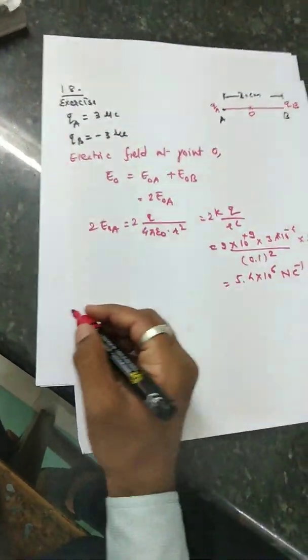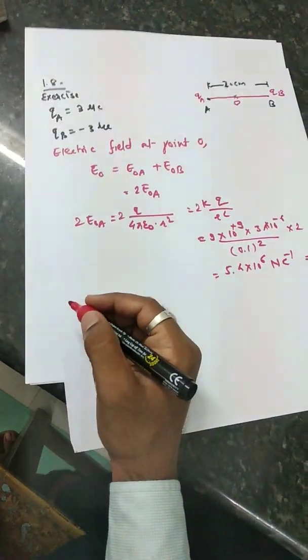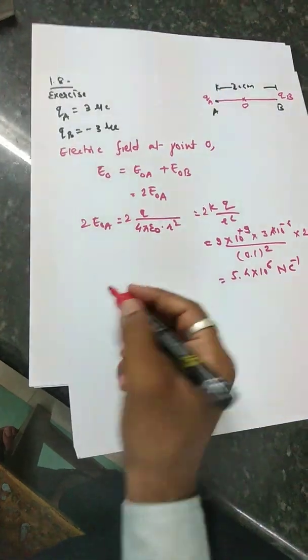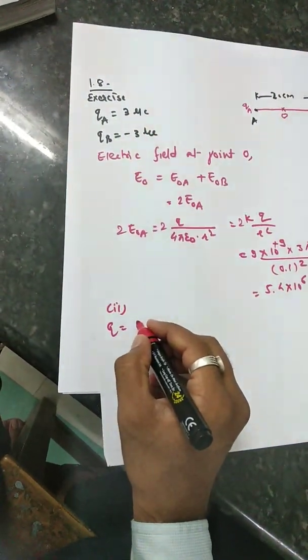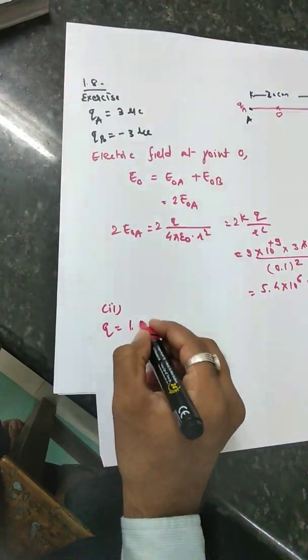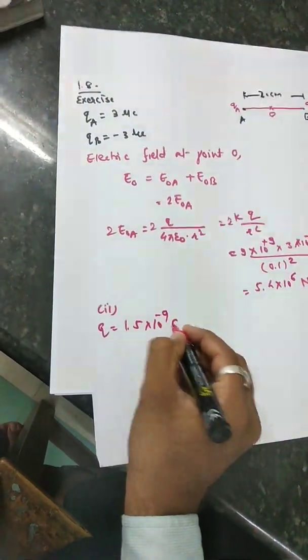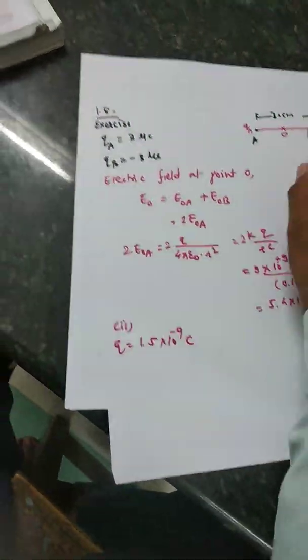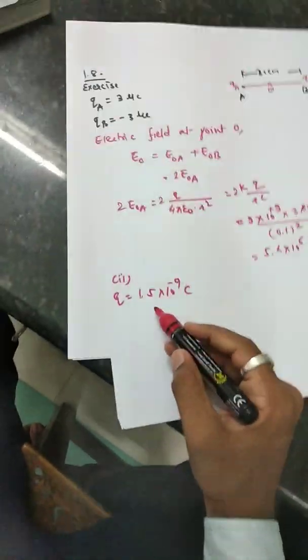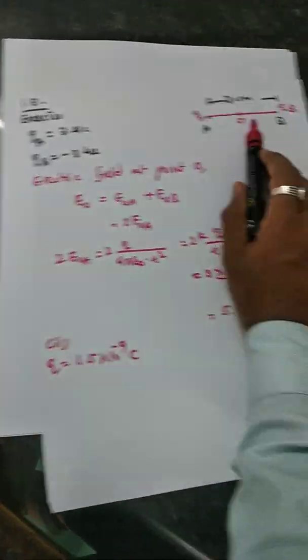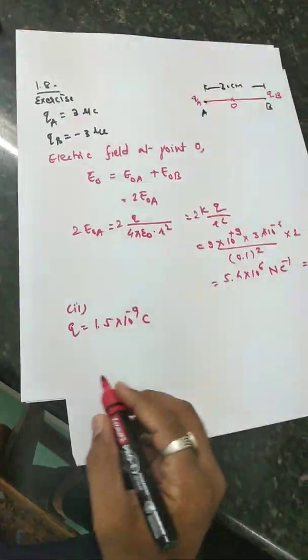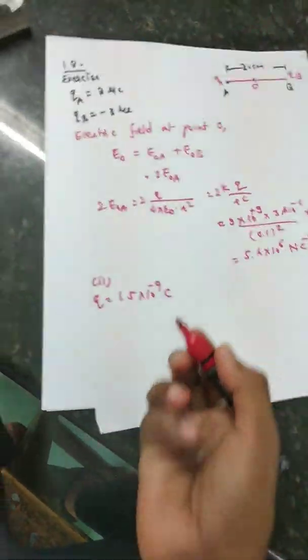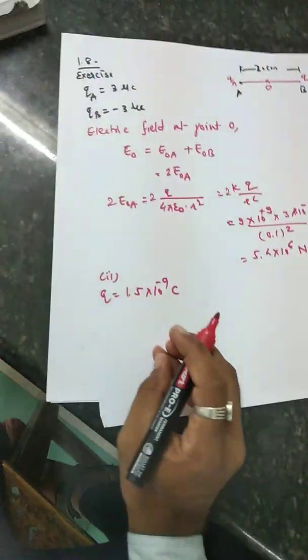In the same example, it is being asked that in the second case, a negative test charge of magnitude 1.5 into 10 raised to minus 9 coulomb is placed at this point. If we place this 1.5 into 10 raised to minus 9 coulomb at this midpoint O, we have to find the force exerted on the test charge. So in this case we have to do nothing.